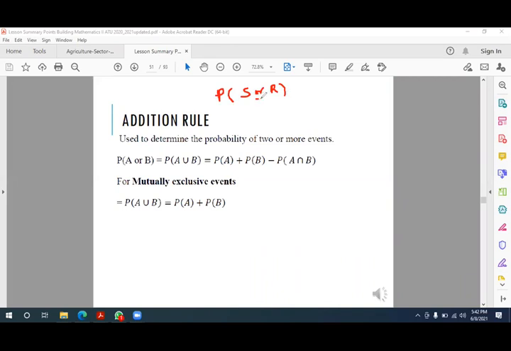So anytime we use the word or, it's either sunny or rainy day. Anytime we talk about or, which is also the union, represented using the union symbol, then we are talking about the addition rule. So anytime we are finding the probability of the union of events, we are talking about what? The addition rule.